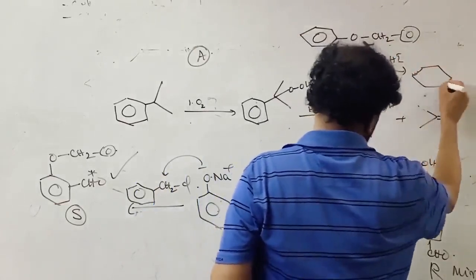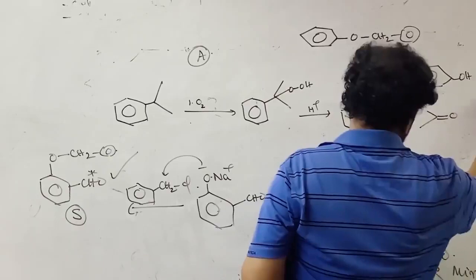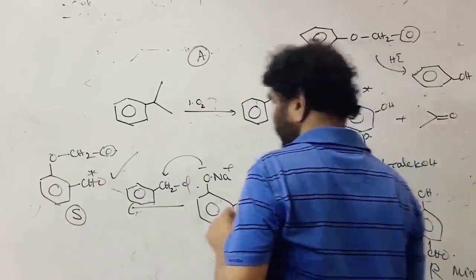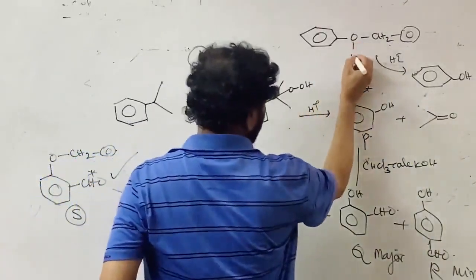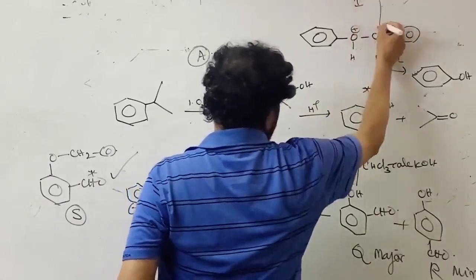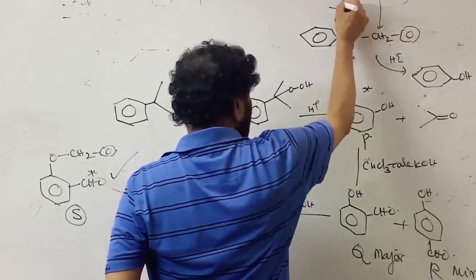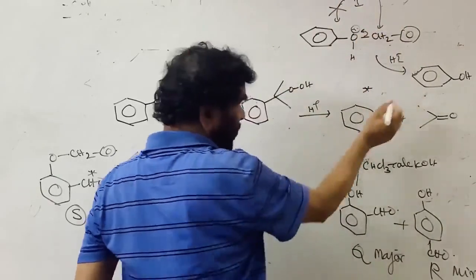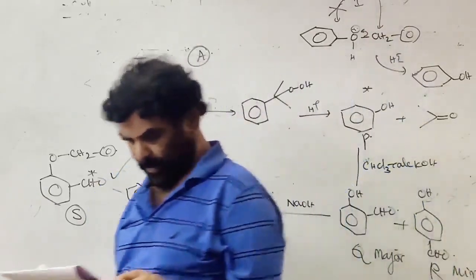You know the work we discussed about the action of HI on ethers. Phenyl ethers are always converted to the phenol. This is protonated. Now the iodide ion only attacks here, not on this. Nucleophilic attack on this is not possible. So now it breaks, and phenol and benzyl iodide are the products of the reaction.